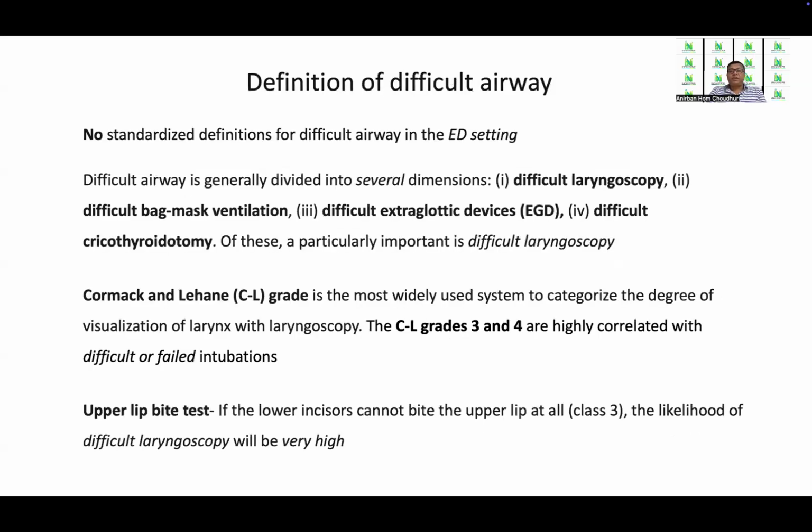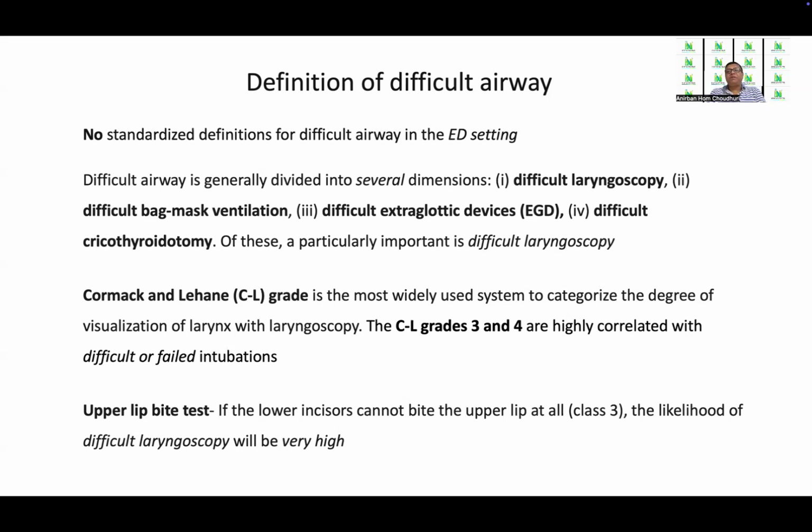So, the first question also arises: what is then a difficult airway? We have to assess for difficult airway once we know that there is no imminent cardiac arrest or that the patient is not unconscious. In the emergency or ICU setting, there are no standardized definitions for difficult airway.